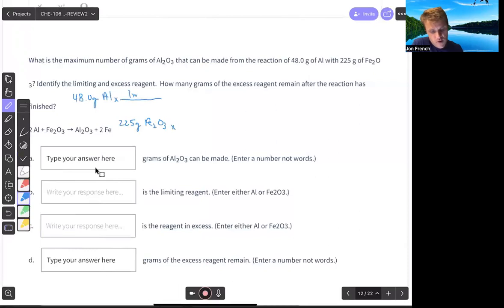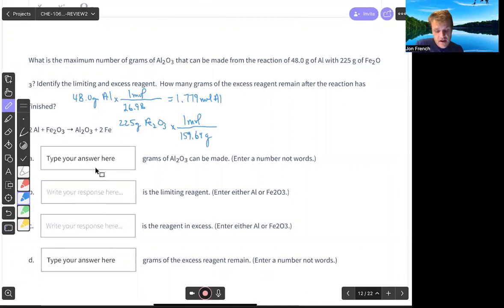I know 1 mole of aluminum, I go to the periodic table, aluminum is 26.98 grams. So I've got 1.779 moles of aluminum. Do the same thing with the iron 3 oxide, right? That's why I wanted to look up my answer key that I worked through, so I didn't have to look up these smaller masses.